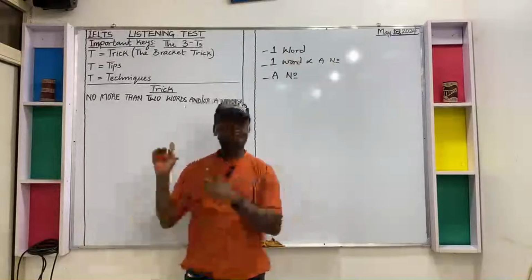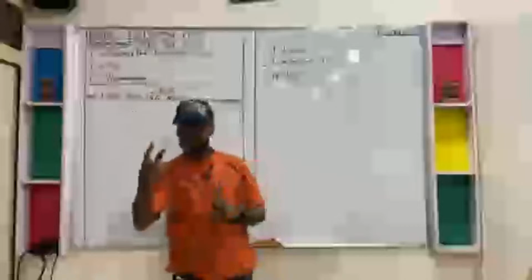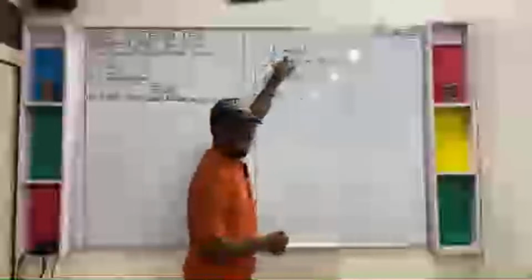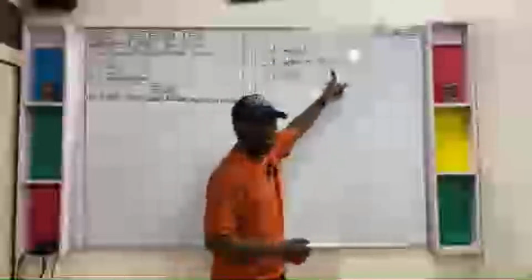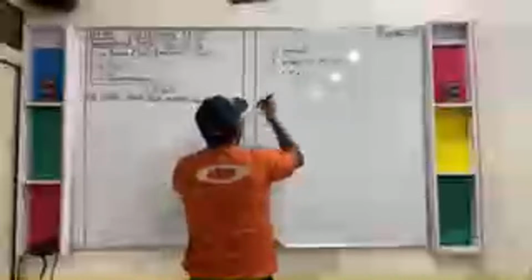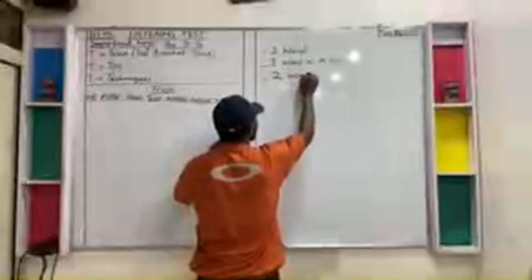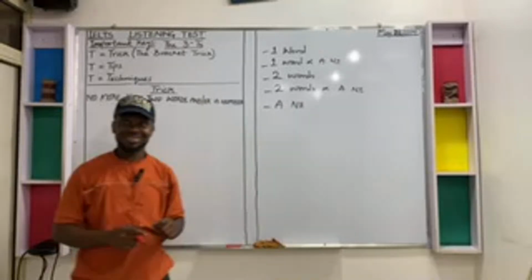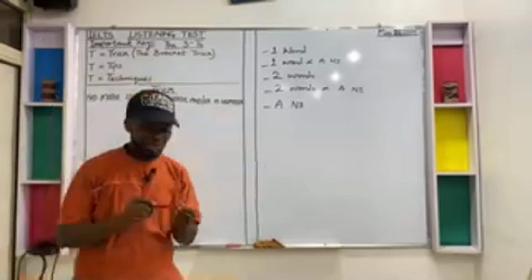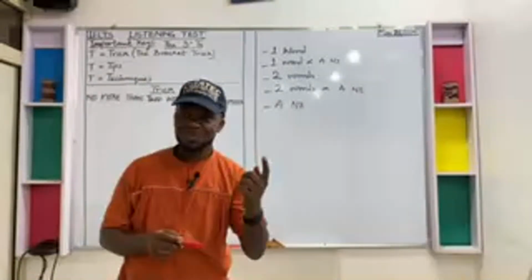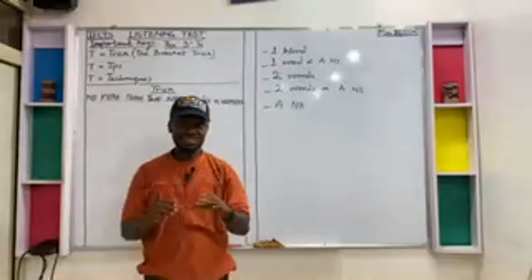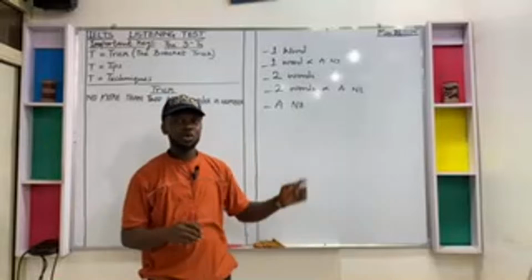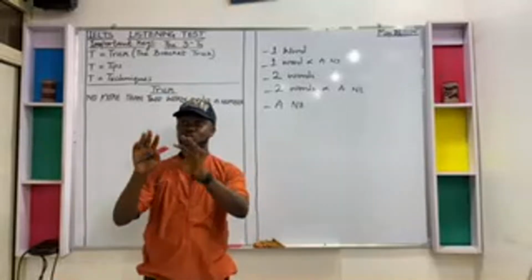But the emphasis is it also means that your answer can be the number answer. If you hear a word in the audio, just that one word is okay. It does not compel you to write two words or 3.